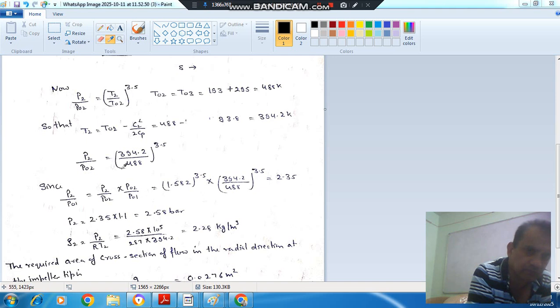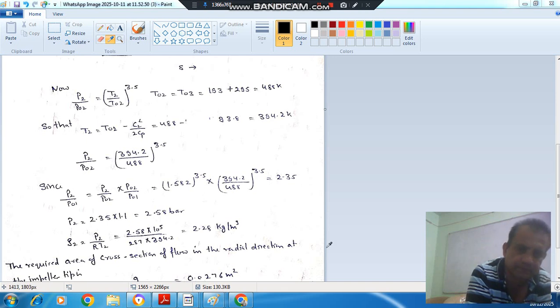So that is this quantity. And P02 by P01 we have calculated. So knowing P01, that is given, that is 1.1 bar, and using P2 by P02 into P02 by P01, which we have calculated, P02 is known and P2 can be found out, that is 2.58. So now P2 is known, T2 is known, we can calculate density.